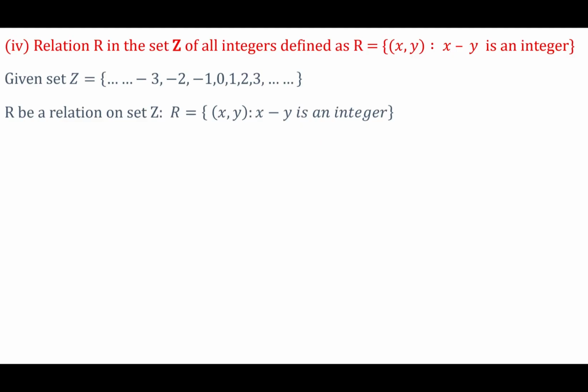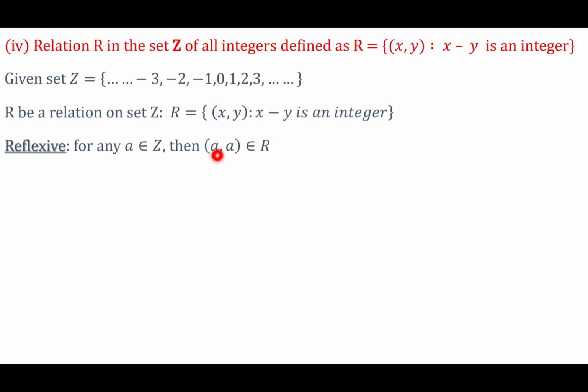Now we need to prove this relation R is reflexive, symmetric, and transitive. At first, reflexive. For any a belongs to Z, then (a, a) belongs to R. How? For any integer, suppose 1 minus 1 equals 0, and 0 is an integer.